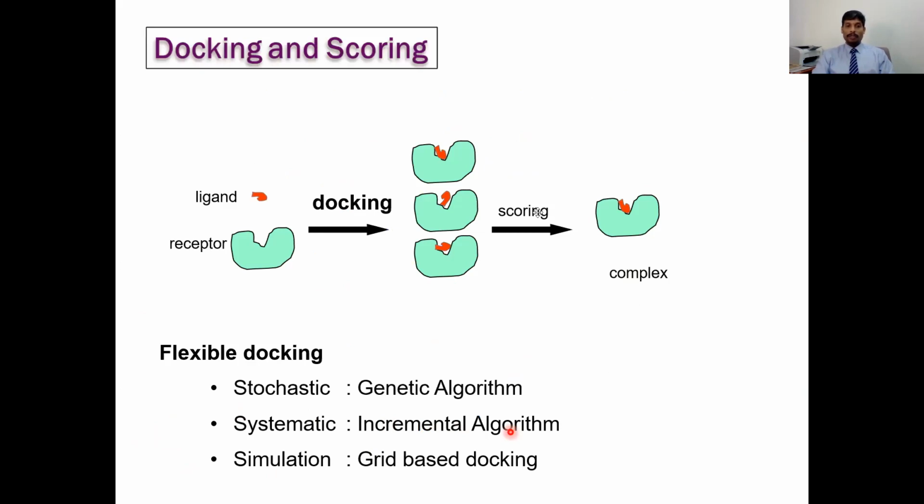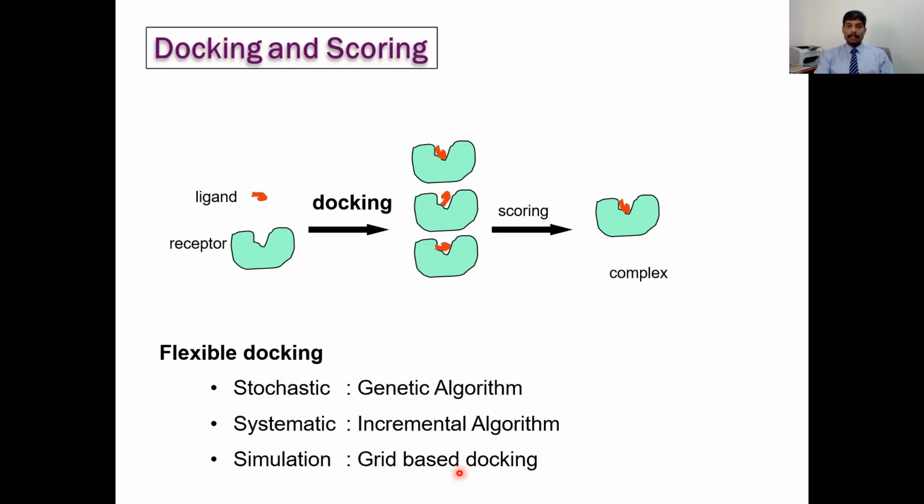There are three different ways for flexible docking: the stochastic method, the systematic method, and the simulation method. The stochastic method follows the genetic algorithm, the systematic method follows the incremental algorithm, and the simulation method follows grid-based docking.